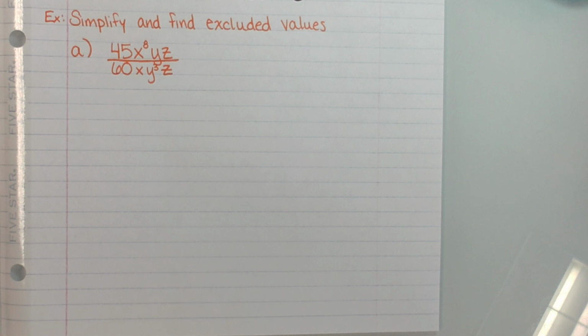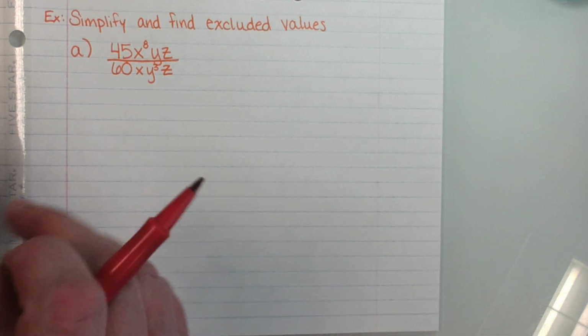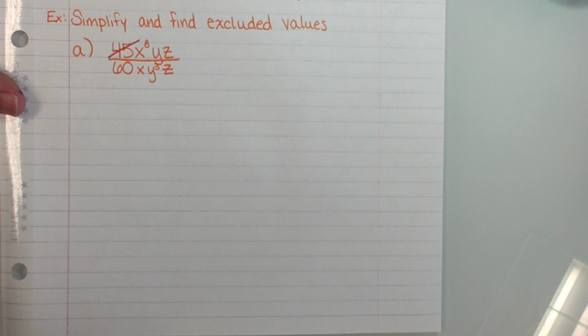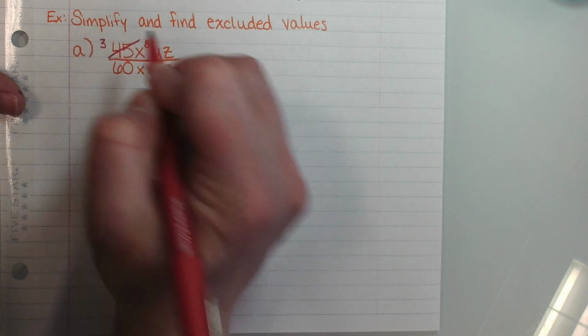When there's no addition or subtraction, you treat it like a regular fraction and you just simplify it by seeing what divides out of it. When there's numbers and variables, you work with them in pieces. Start with the numbers. What divides out of 45 and 60? 15. When I divide 15 out of 45, what am I left with? 3. If you don't have a calculator, you should grab one.